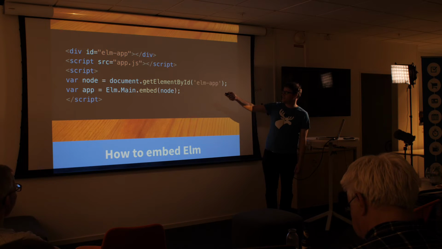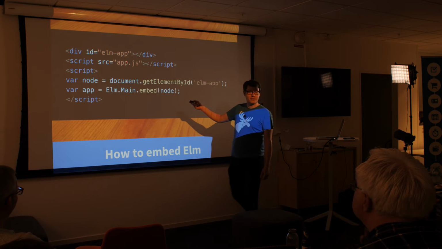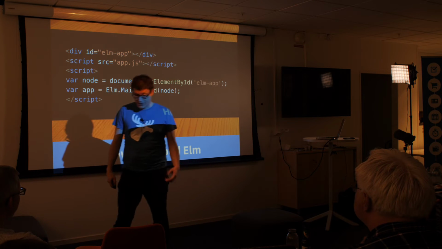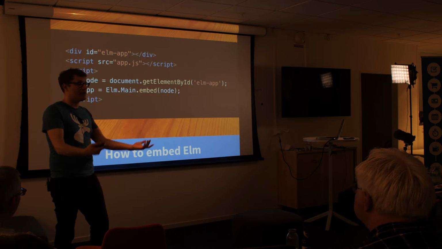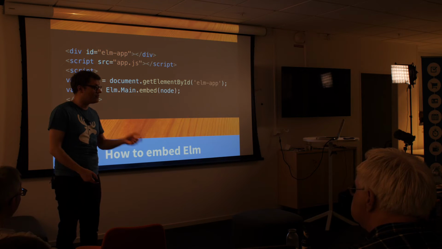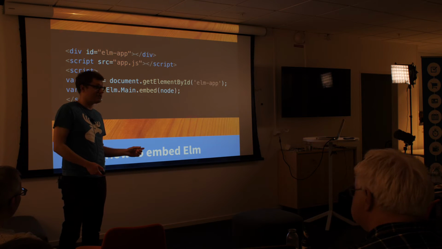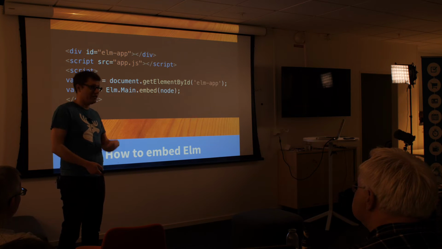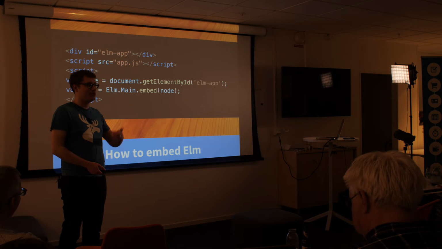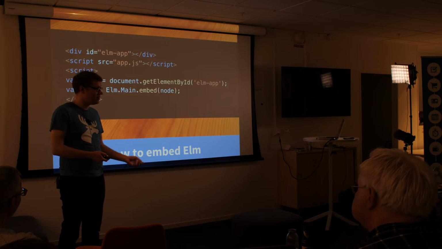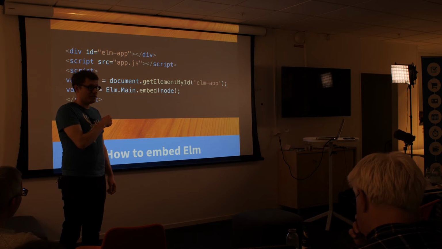So this app.js is just like any other JavaScript file. If you have a deploy process, you probably want to have the name of the JS file hash based on the checksum of the file in your build process. Maybe you want to use Webpack or other software for that. This is out of scope for this talk.